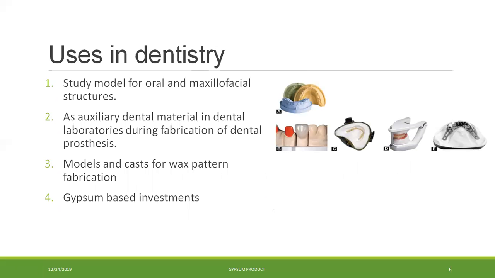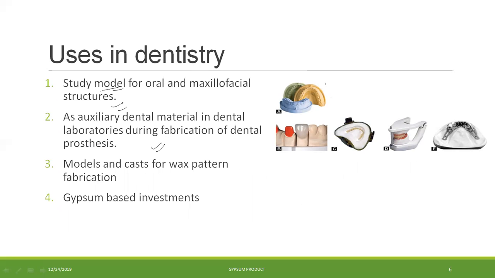What are the various uses of gypsum products in dentistry? As we all know, they are used for making study models for oral and maxillofacial structures, as auxiliary dental material in dental laboratories during fabrication of dental prostheses.